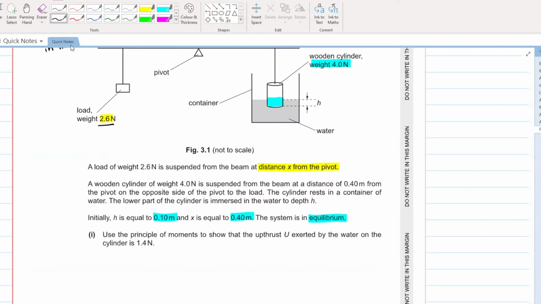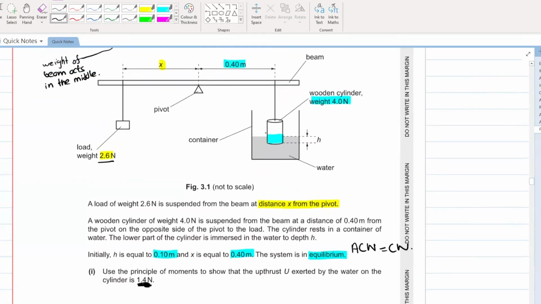Now, if the system is in equilibrium, what does this mean? This means that the sum of clockwise moments will be equal to the sum of anti-clockwise moments. Use the principle of moments to show that the upthrust exerted by the water on the cylinder is this. Perfect.